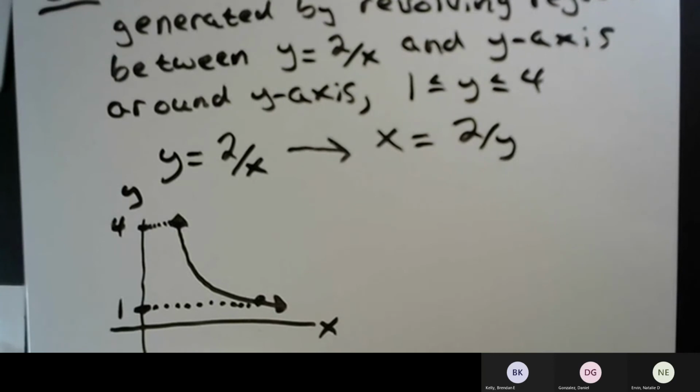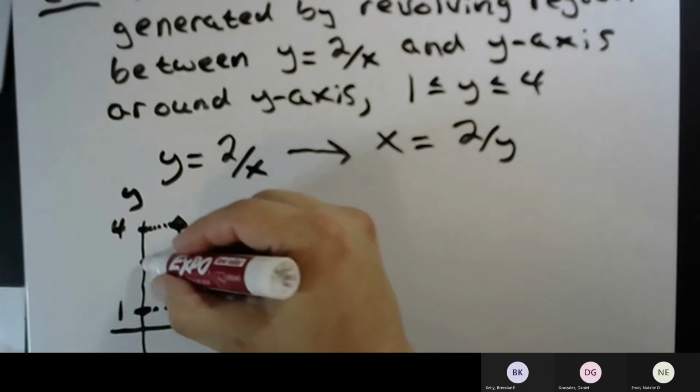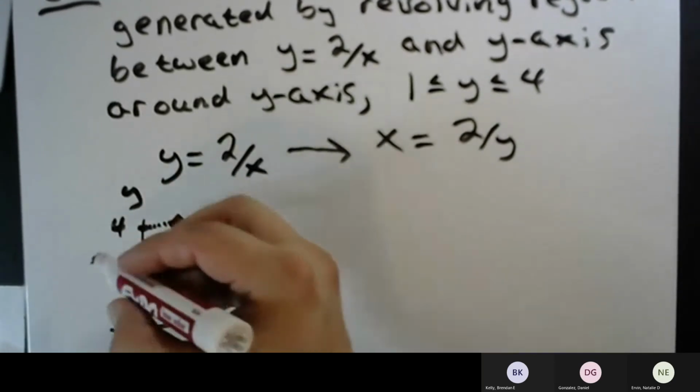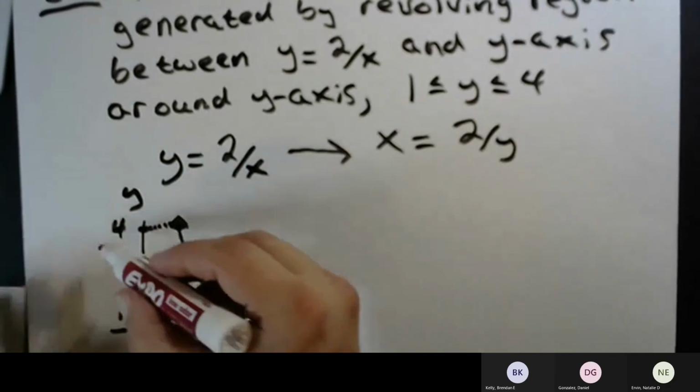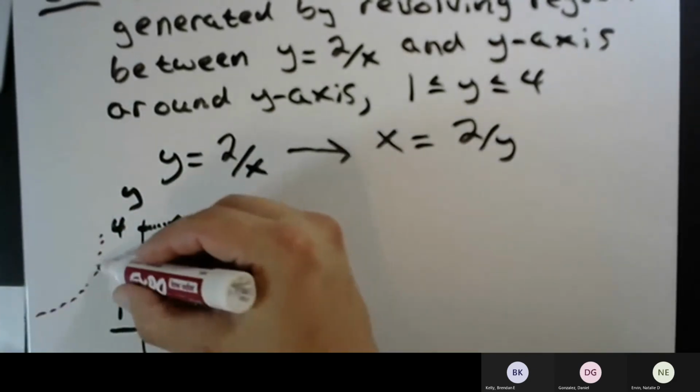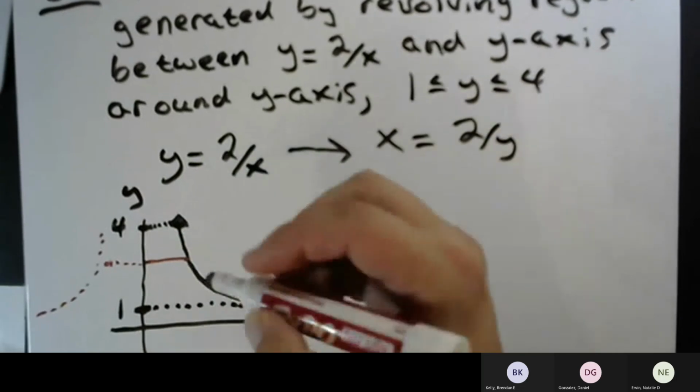So now we're going to try to look for a radius. Now in this case, though, the radius is going to be here because we're going to be rotating this around the y-axis. So our radius is going to be this way.